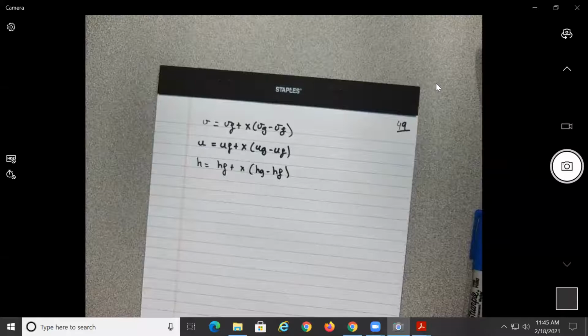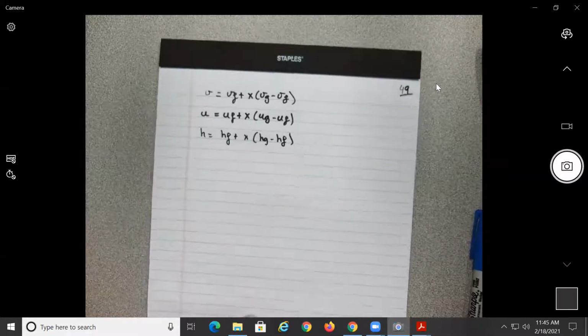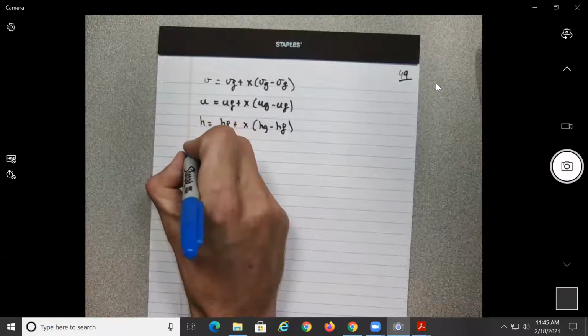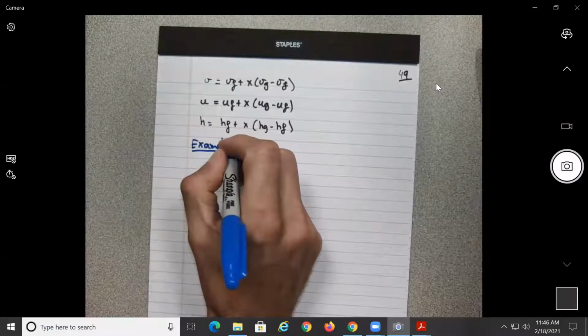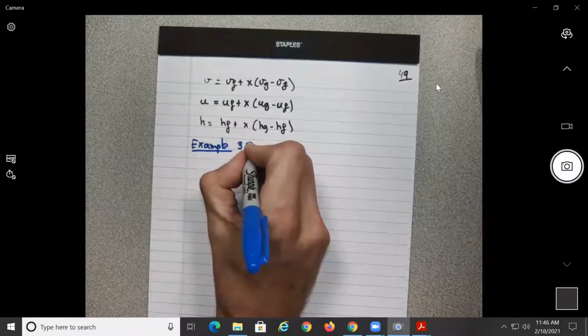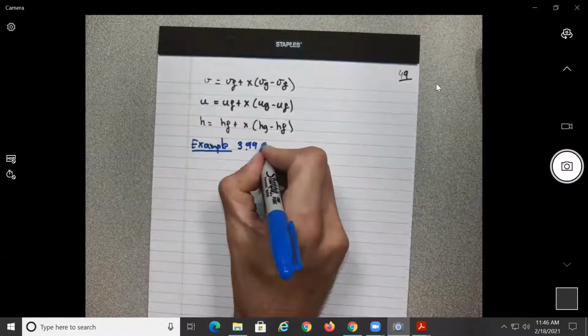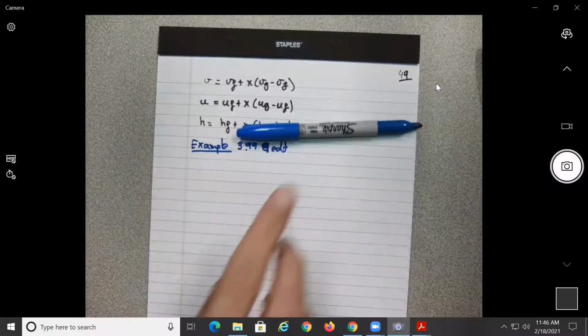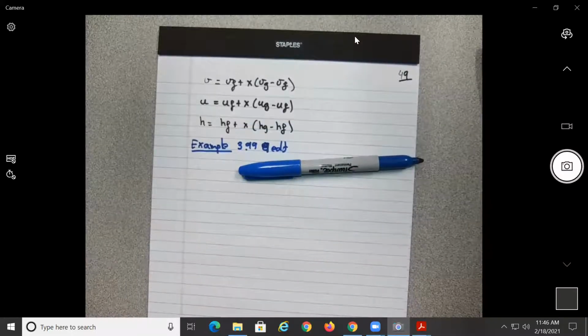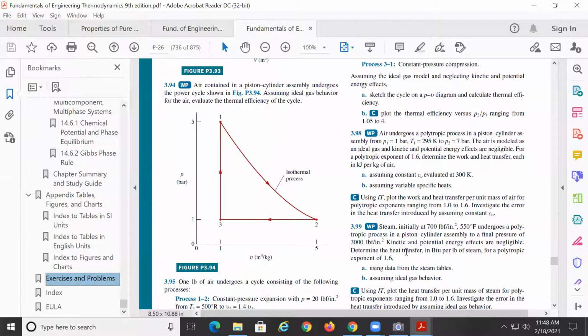Okay, so let's do a problem over here, would be the best way. Let's do an example. The one I have here is 3.99, from the 9th edition, but we can change later on. Steam initially at 700 psi, 550 degrees Fahrenheit, undergoes a polytropic process in a piston cylinder assembly to a final pressure of 3000.